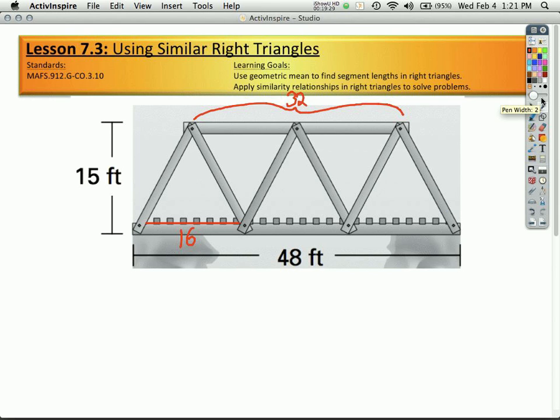And I took a wild guess on this, but since the bottom parts were each 16, and the top part, we divide those by 2, they're also 16. I just guessed that they were all pretty much similar as well. So you're saying that this diagonal is also 16?